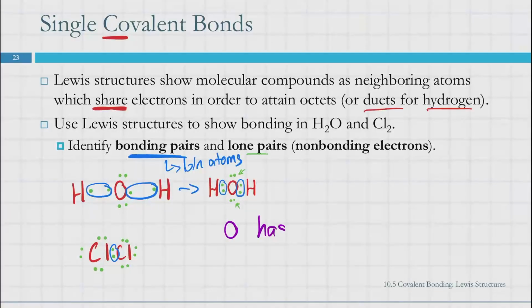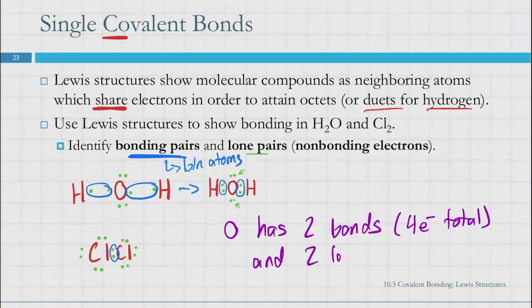So our oxygen has 2 bonds for 4 electrons total, because 2 electrons each, and 2 lone pairs, four electrons total, for a full octet.